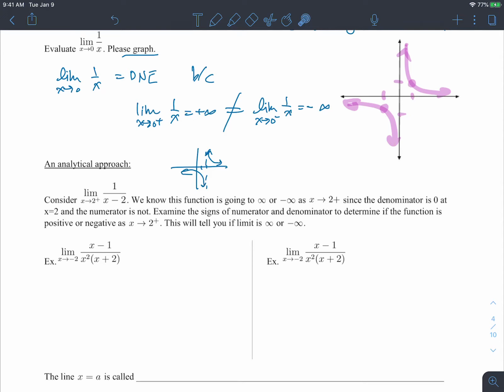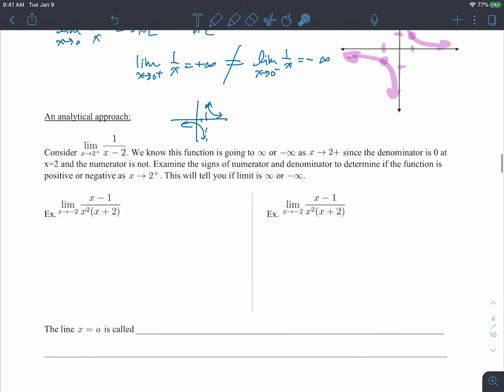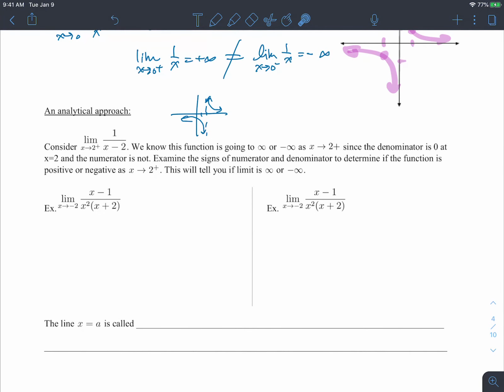Now, for me to graph this will be a pretty huge task, right? So what you want to do is something akin to sign analysis, right? We know that looking at these functions, they're the same, so we could actually use the same graph. I made a mistake.